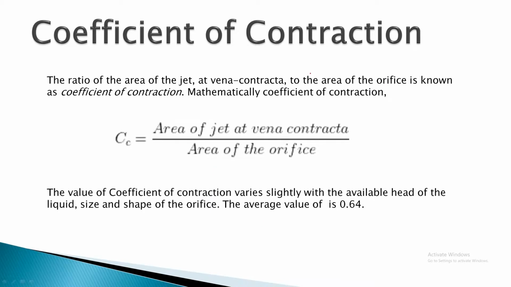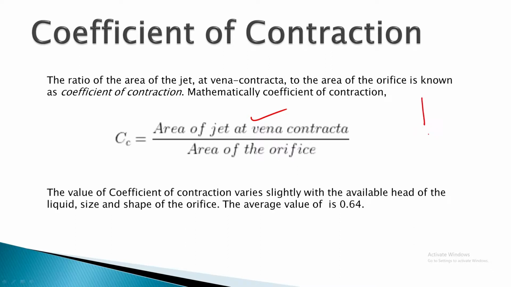So what is the coefficient of contraction? It is denoted by the ratio of the area of the jet at vena contracta to the area of the orifice. What is vena contracta? I already told you, it is where the area of the jet is minimum.